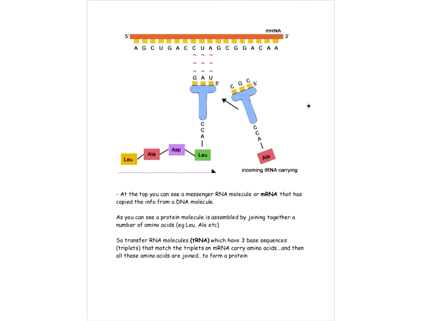And then once you get the match happening, all of the amino acids are going to join to form a protein. So it's really important to know the overall process of what's going on with transcription and translation. We've already seen DNA replication earlier.